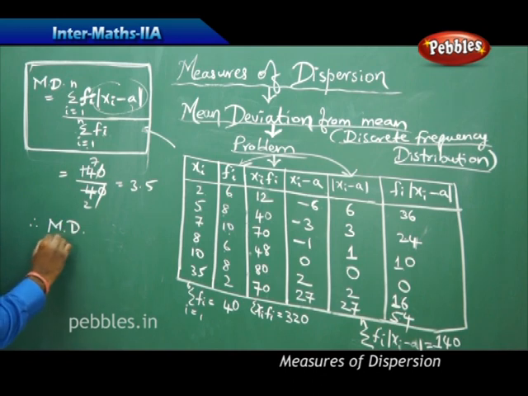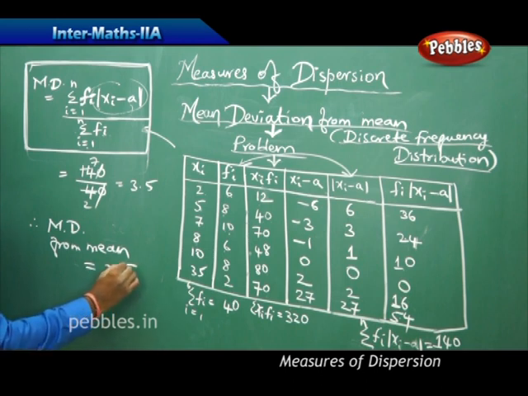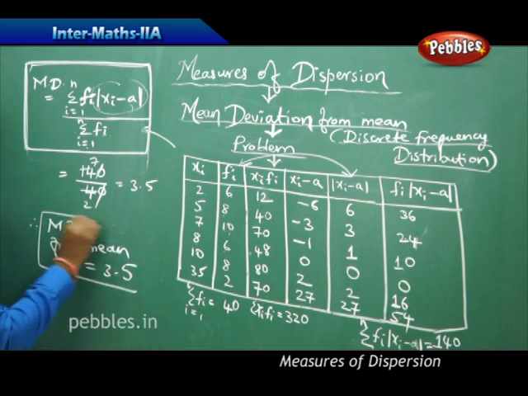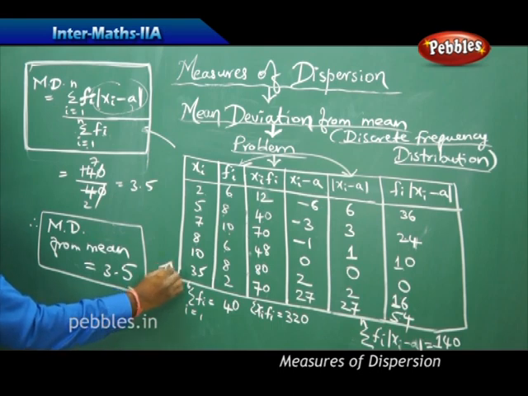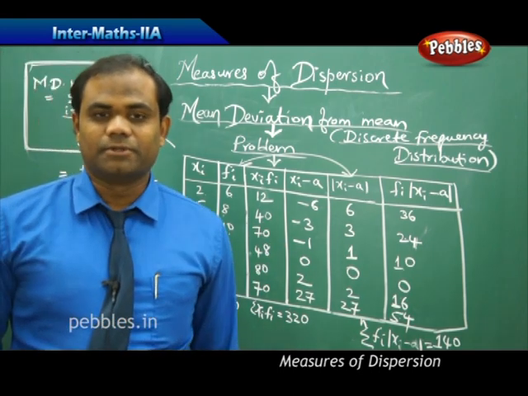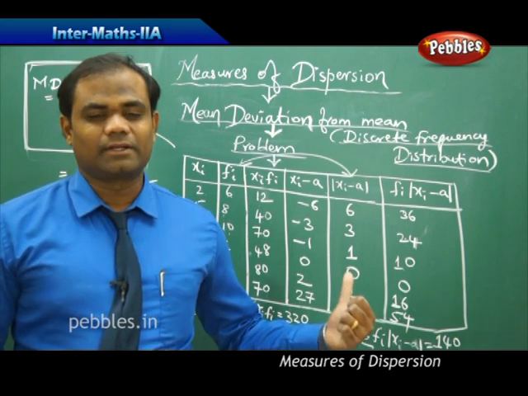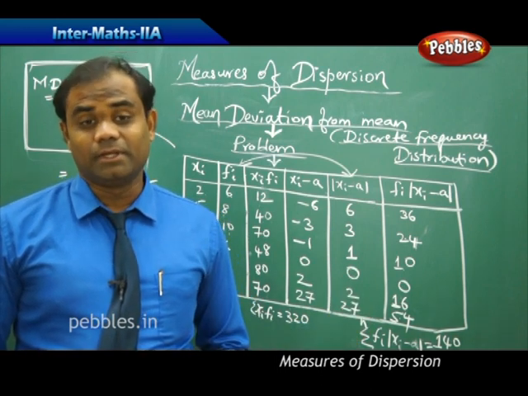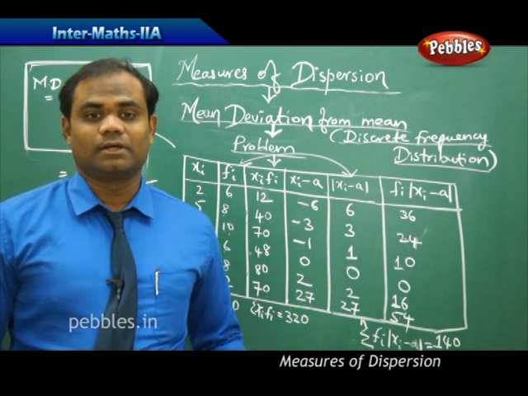Therefore, the mean deviation from mean is 3.5 as obtained for the given discrete frequency distribution table, and this is how we find the mean deviation from mean for grouped data.